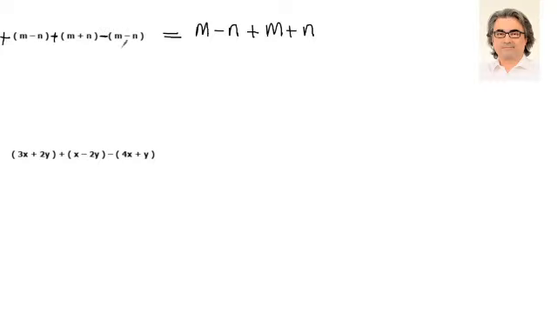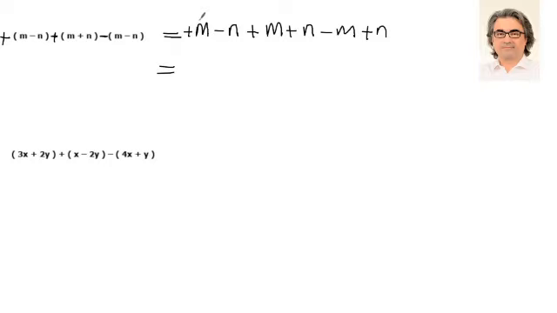So to remove the parenthesis, I should change the signs of all terms. In parenthesis, I have plus m. Here, I should write minus m. I have in parenthesis minus n. I should write here plus n. Let's continue. From now on, I may make the summation and subtraction operations between like terms.